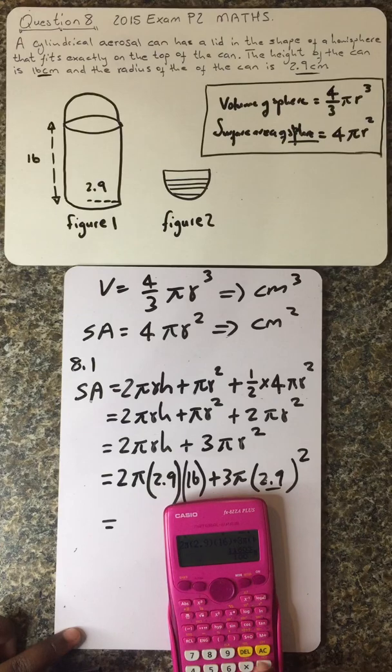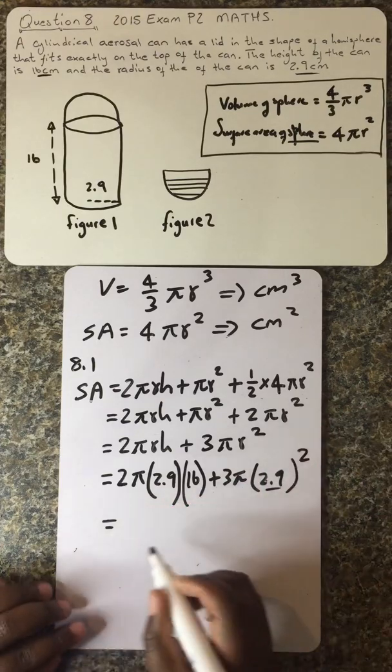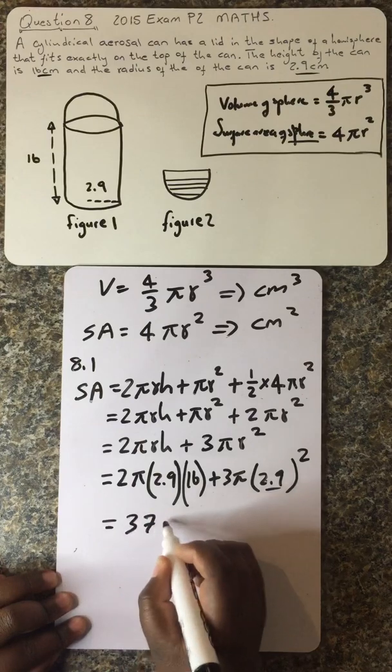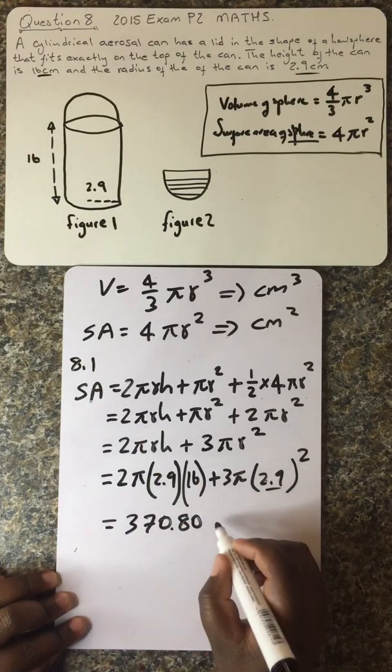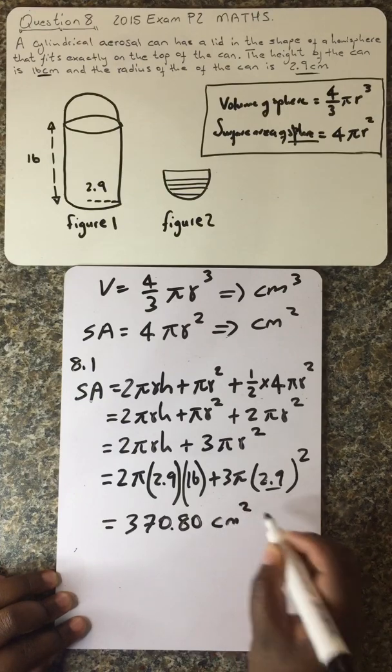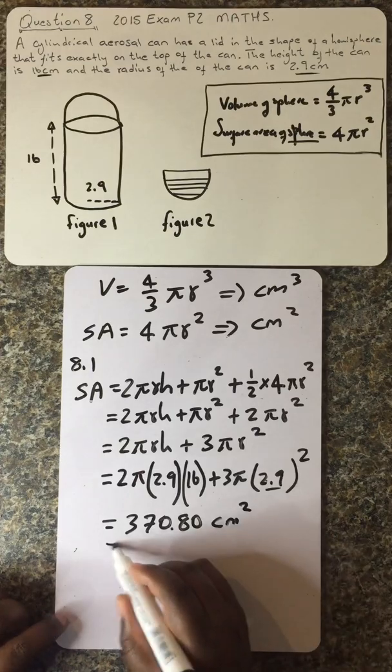Let's see what answer we get. This is how much I get, ladies and gentlemen. I'm not sure if you're also getting the same answer. Most importantly, this answer is in centimeters squared.